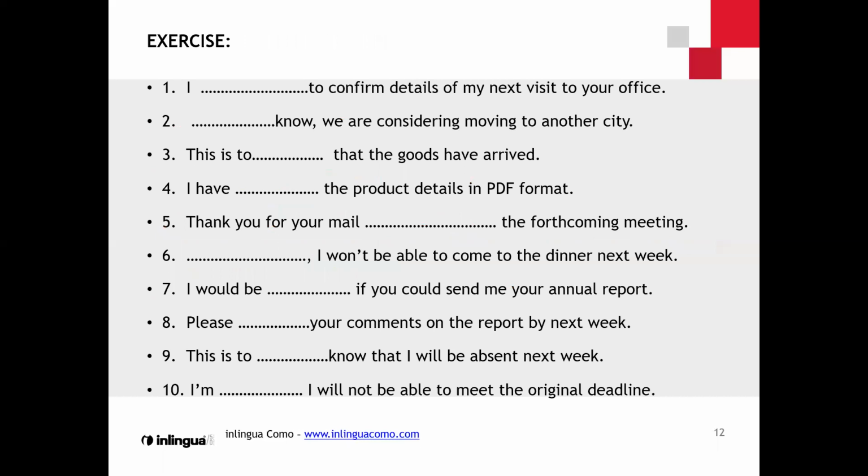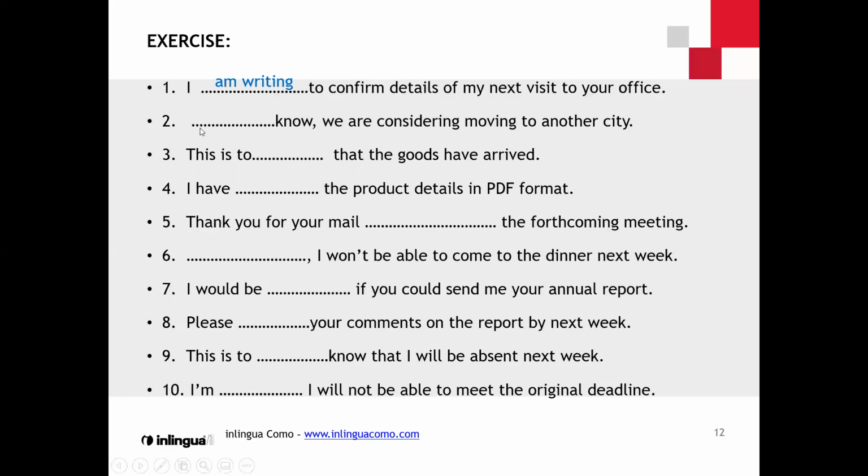Okay, so now what we can do together is try an exercise to see how things go. These are exercises which give you an idea of how you can write a sentence in an email. So let's start with the first one. To confirm details of my next visit to your office. Okay, I am writing to confirm details of my next visit to your office.